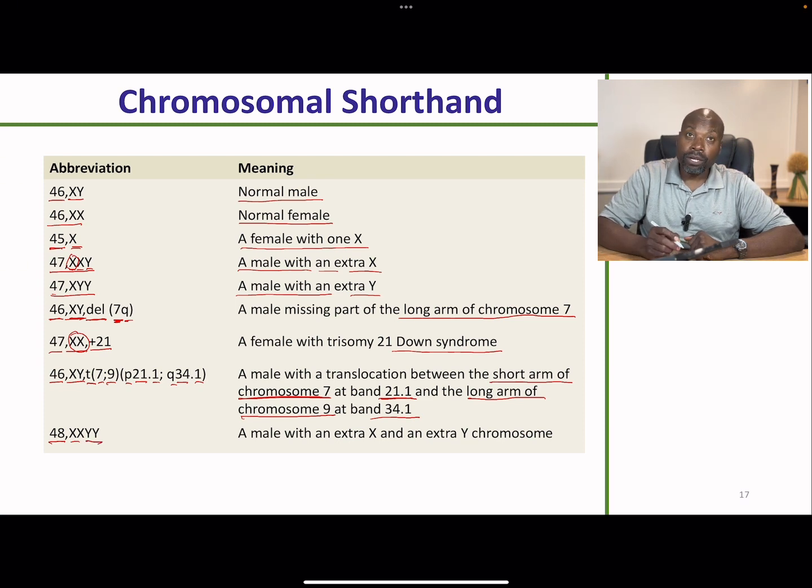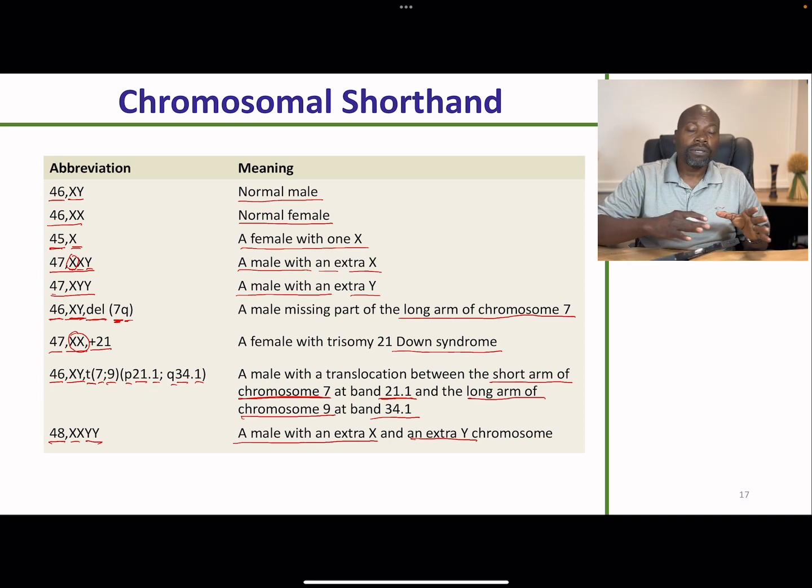Oh, this individual, because he has a Y, has to be a male. Obviously, this male has not only an extra Y, but also an extra X, okay? A male with an extra X and an extra Y chromosome, right? So this is how you break down these things.